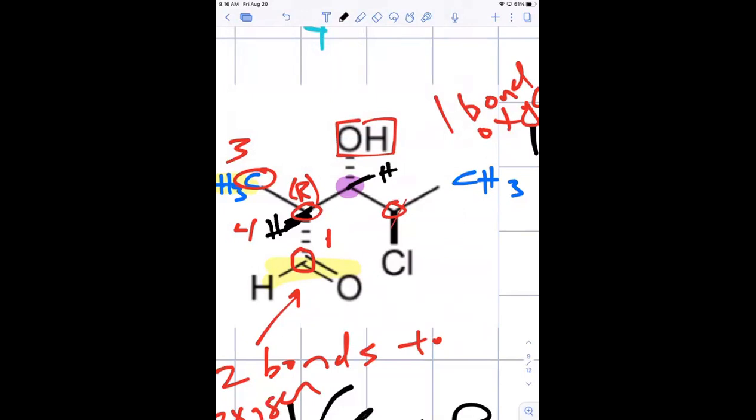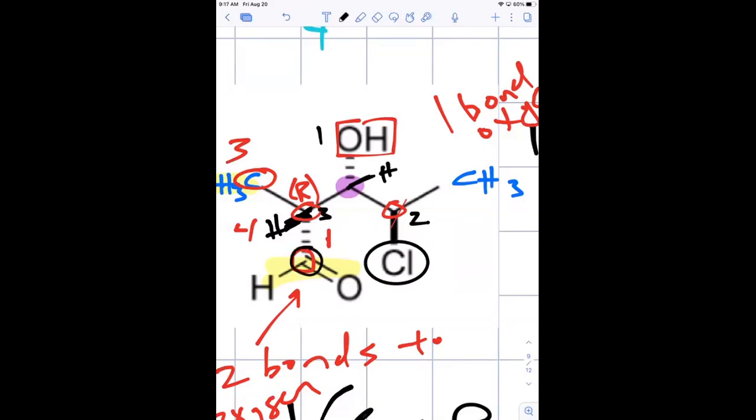I think the carbon, because the one that's connected to the chlorine would be 1. No, okay, that's a good assumption, but the oxygen has a higher atomic number, and we only care about the atom that's bound directly to the chiral center. So the oxygen here is going to be 1. And then of the 2 carbons to the left and to the right, this one is going to be higher priority because it is bound to chlorine, where the one on this side is bound to another carbon.